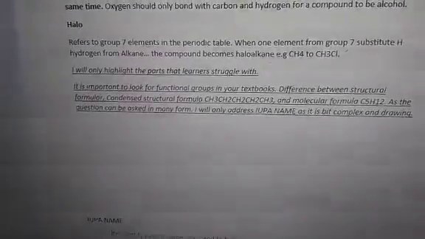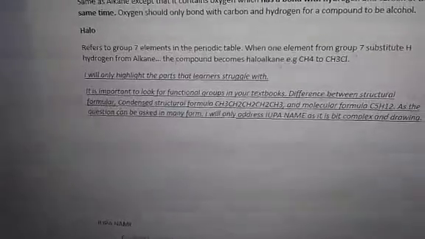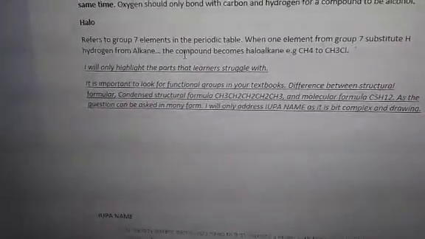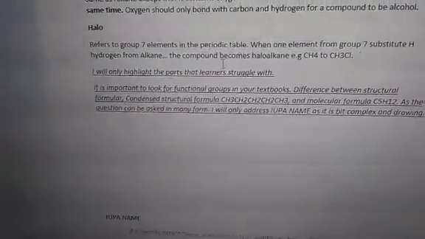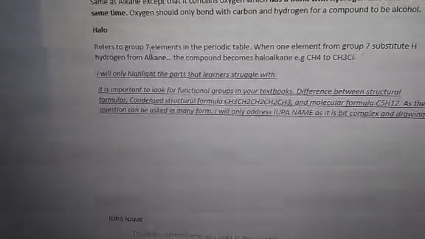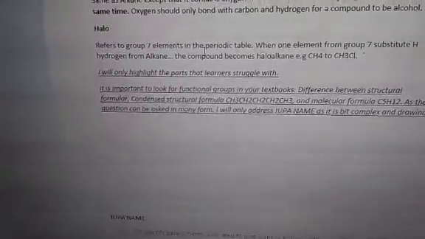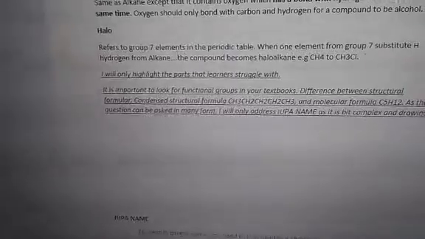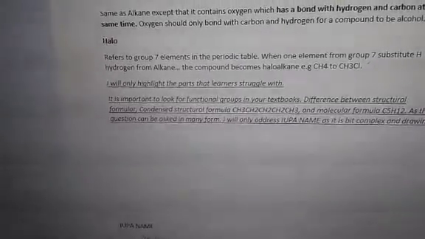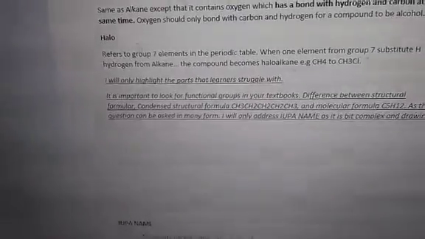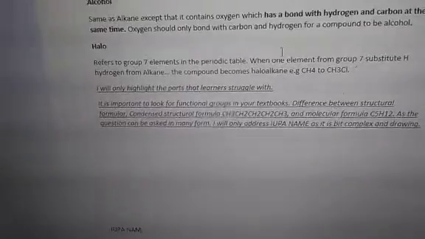If it's an element from group 7 attached to an alkene, it's going to be haloalkene. If it's an element from group 7 attached to an alkyne, it's going to be haloalkyne because it's a group 7 element.